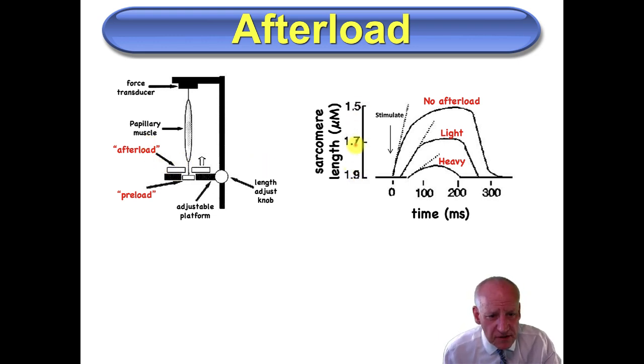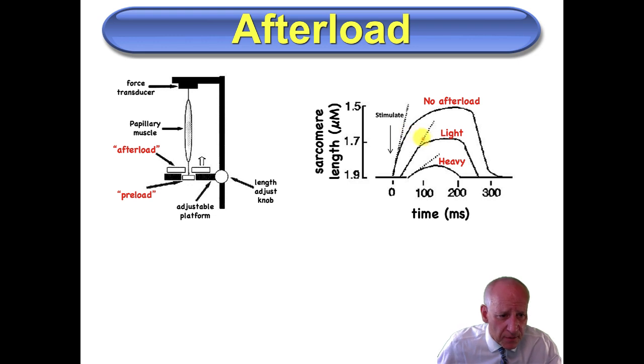Here we graph the muscle's length. So in this direction, the muscle will be shortening as a function of time. In this experiment, we call upon the muscle to shorten while not burdened by any afterload. And notice when we stimulate, the muscle contracts rapidly and shortens to a great extent.